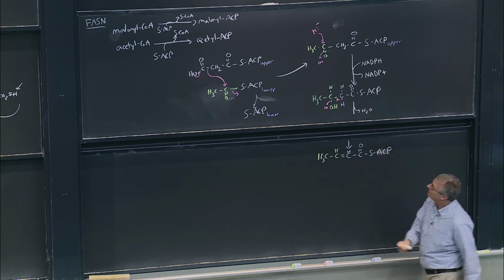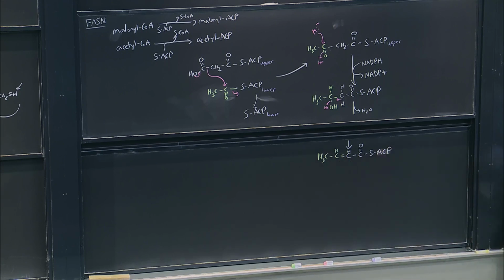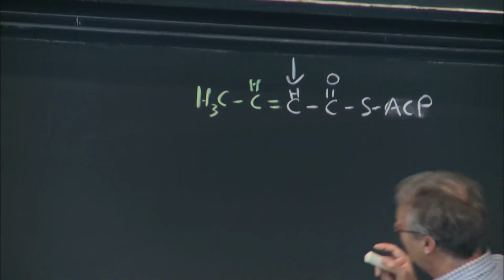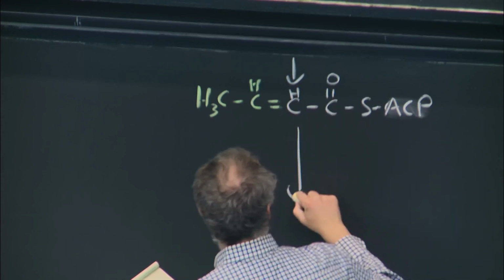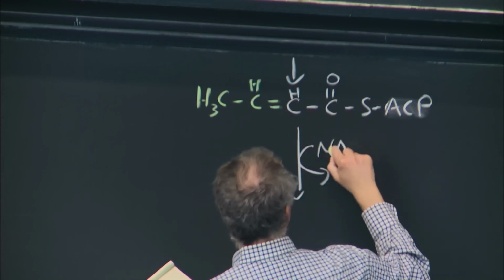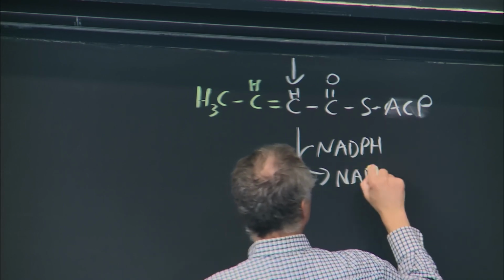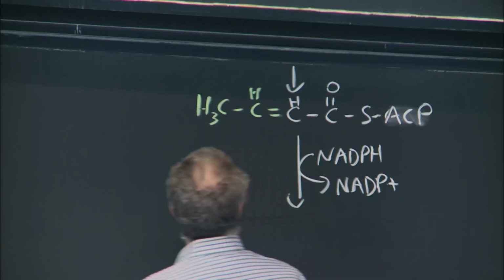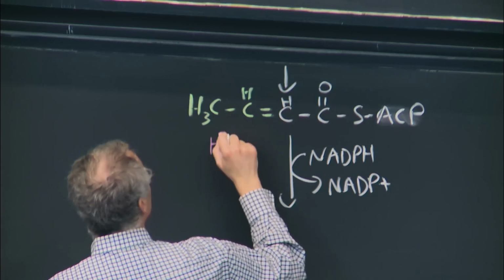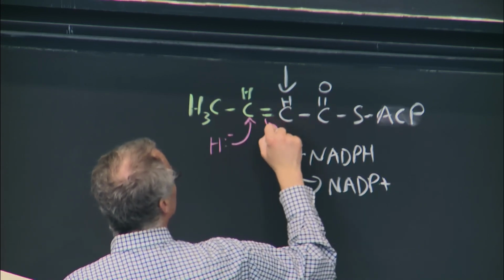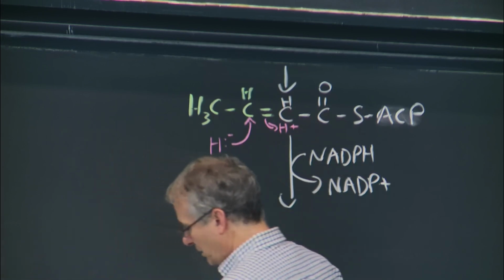All right, now we can further reduce that carbon-carbon bond. Electrons, again, come from NADPH as it's oxidized to NADP+. Okay.